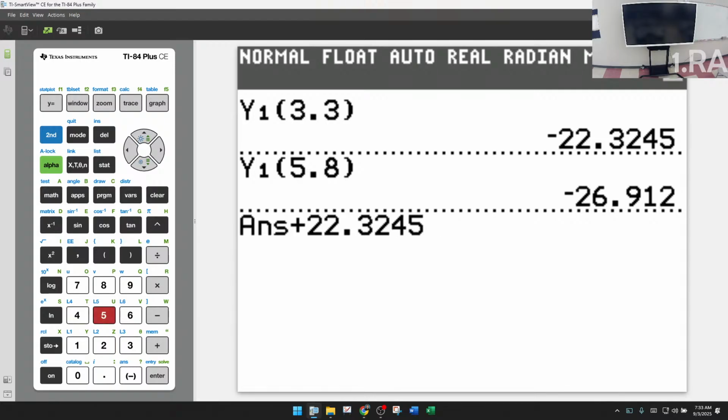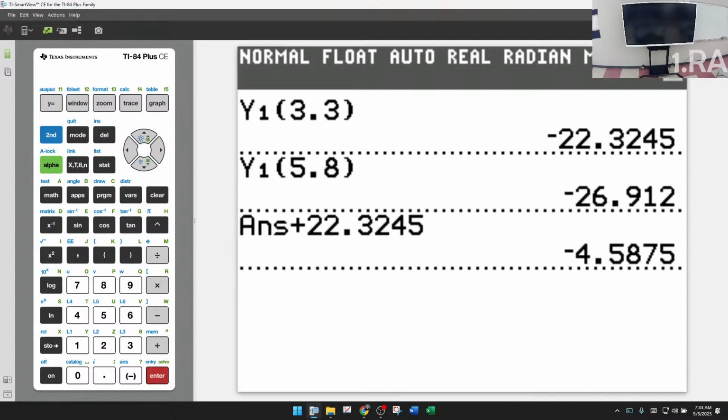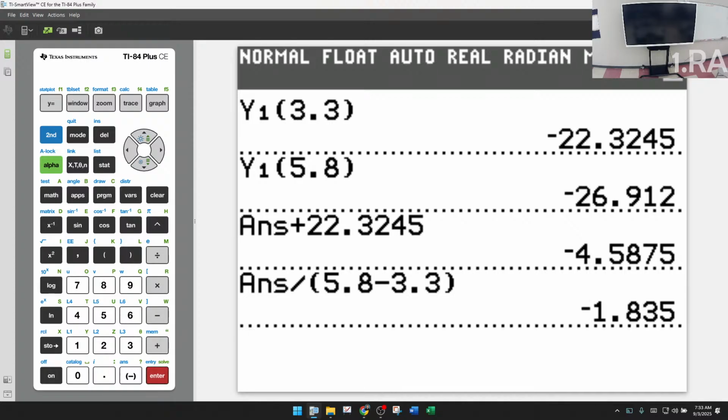I should have put that in parentheses, and I forgot to. So I'm just going to hit enter, and then divided by, I'll put this in parentheses, 5.8 minus 3.3. There's the average rate of change from those two values.